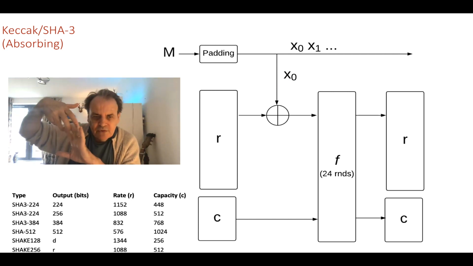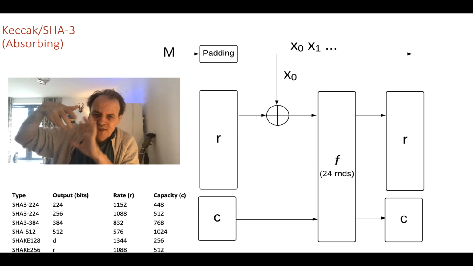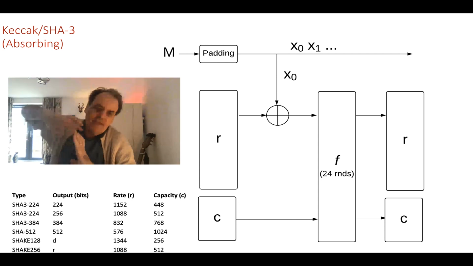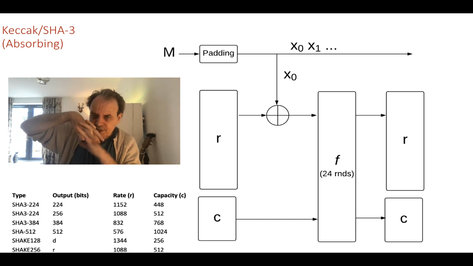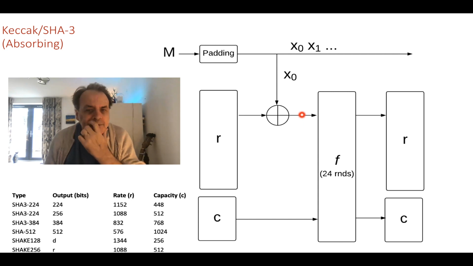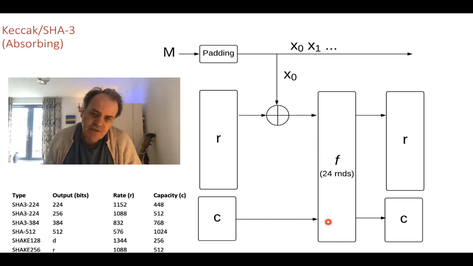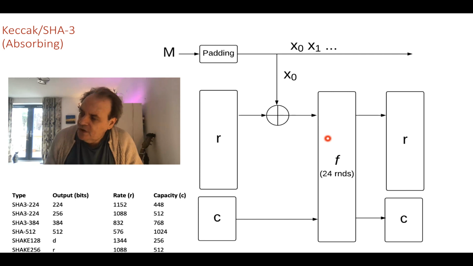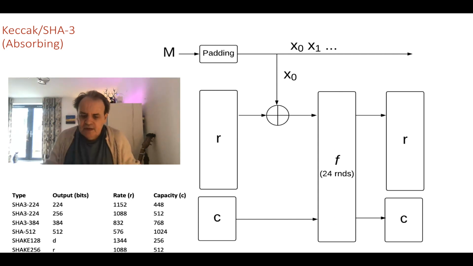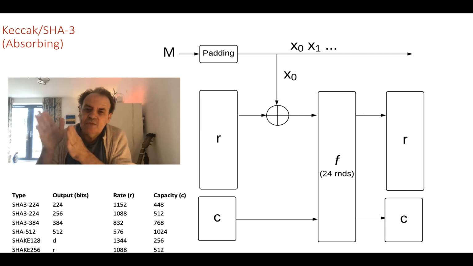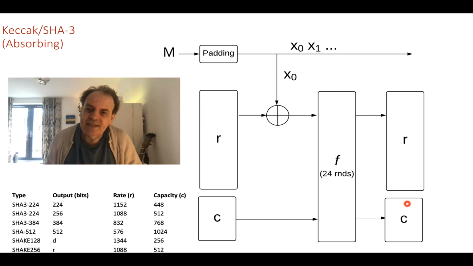So we take 1152 bits of zeros, and we'll take the first 1152 bits and XOR them together to give us this output here. We then put it into a function which has exclusive OR gates, NOTs, and functions in here, and do some sort of logic for 24 rounds, and then we output here. This becomes our first state.